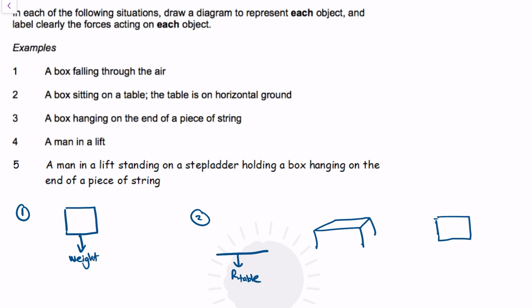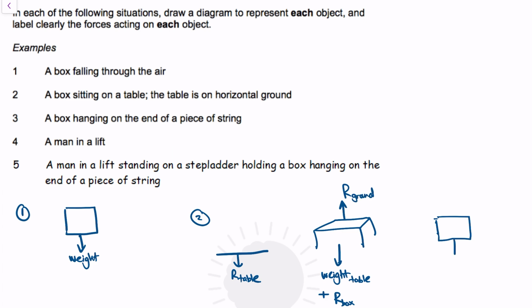So the table pushing down. The table feels the weight of the table, plus it feels the box pushing down. So reaction force of the box, plus the reaction of the ground.